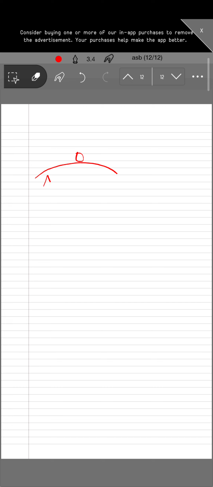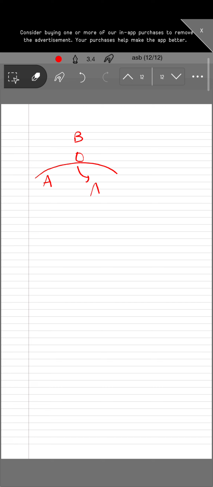Let's call the first fluid A and the second fluid B. There is also an interface existing between the first and the second fluid.